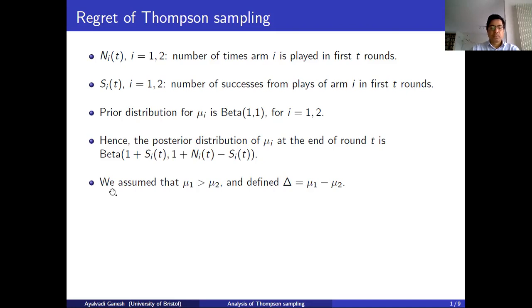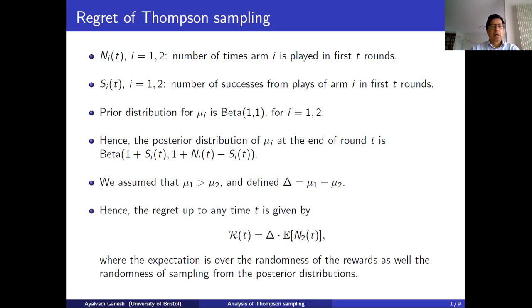We assumed that the first arm was better and denoted the gap in the expected rewards of the two arms by delta. If we can bound the number of times that the suboptimal arm 2 is played up to time t, we can also bound the regret.